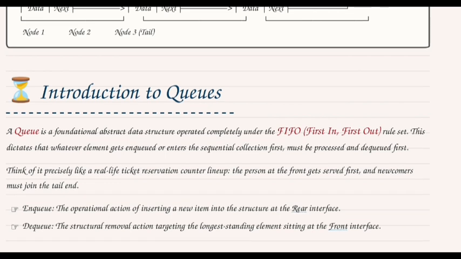It means whoever comes first will be served first, and whoever comes last will be served last. Think of it precisely like a real-life ticket reservation counter lineup. The persons at the front get served first and the newcomers must join the tail end. For queues, we can also say first come, first served.